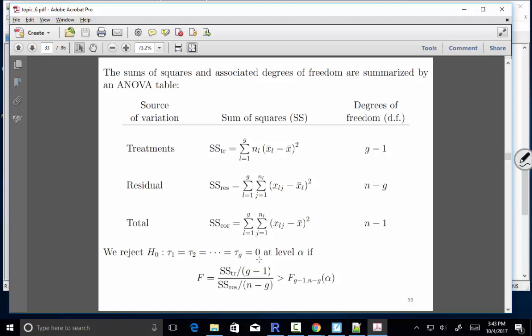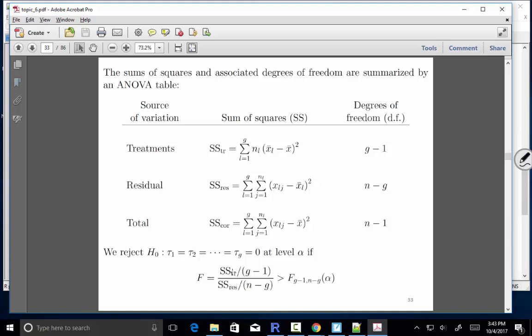That's our null. And our test statistic is an analysis of variance kind of statistic. It is sum of squares treatment divided by sum of squares residual.